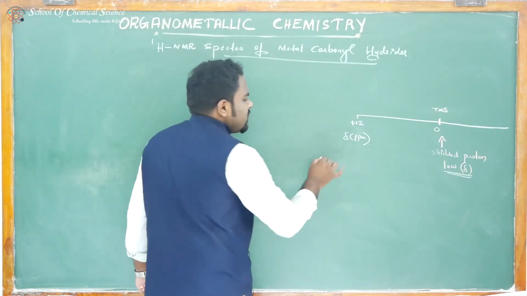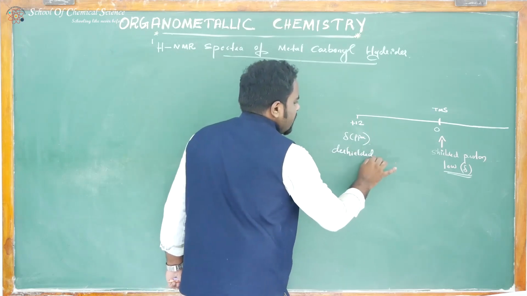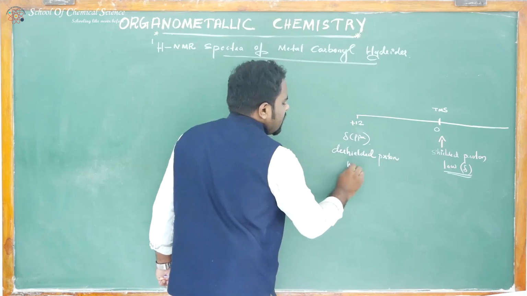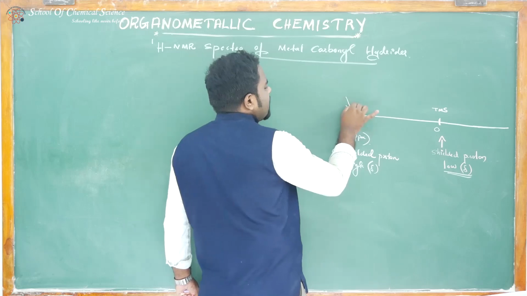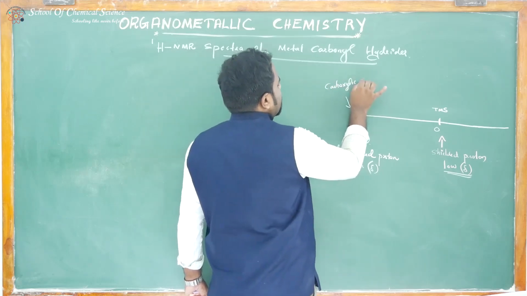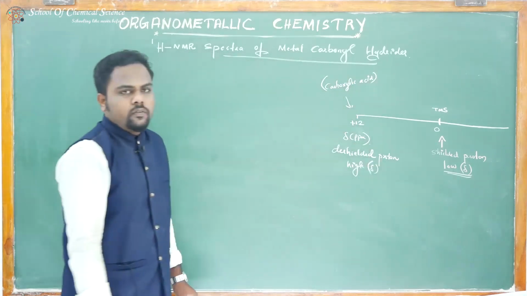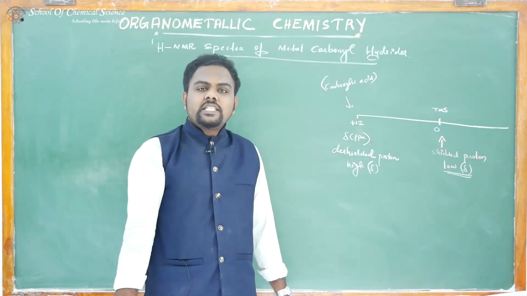If the proton is de-shielded, it has a high delta value. Generally, carboxylic acid has a value of 11 to 12, because the proton in RCOOH is very de-shielded.